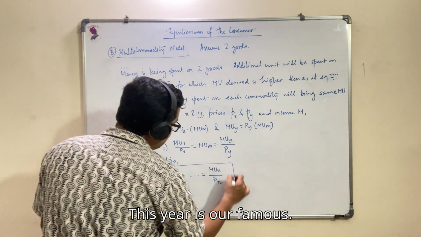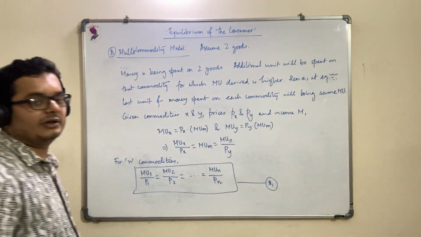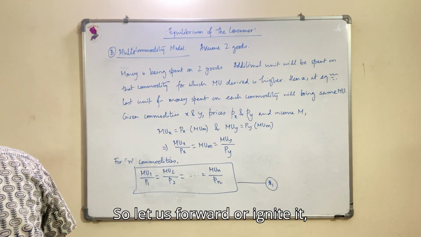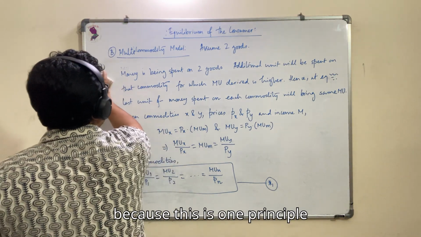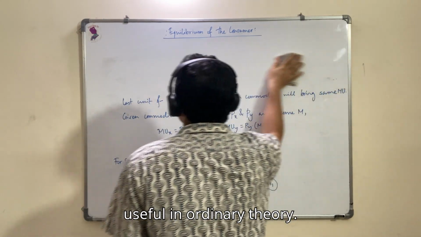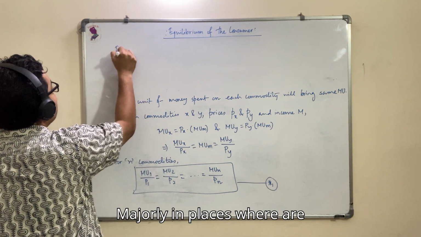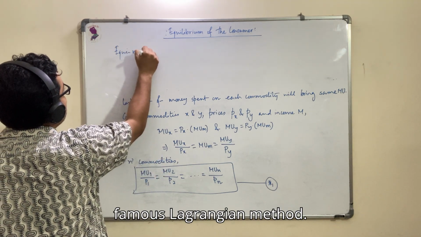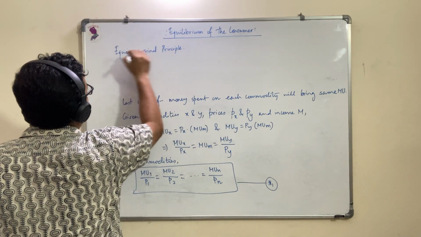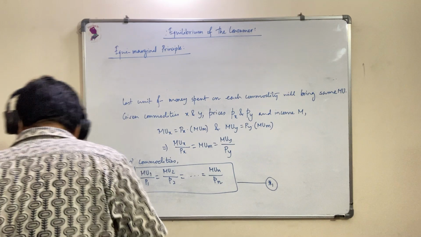And this here is our famous Equi-marginal principle. So let us formally write it, because this is one principle which will stay the same and will be quite useful in ordinal utility theory, majorly in places where our famous Lagrangian method will not work, which are obviously the more interesting cases.